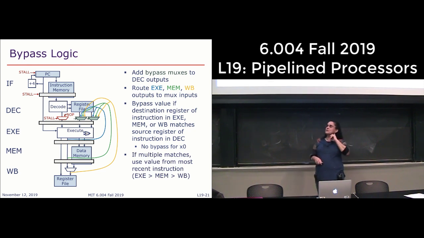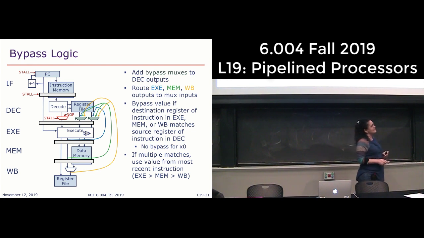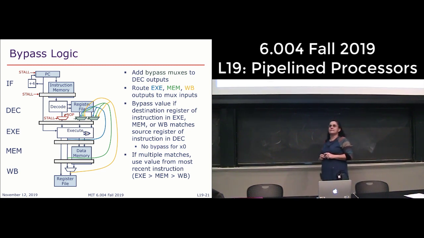And now let's also take a look at what happens if multiple instructions here, let's say my decode is trying to read X11 and both my execute and my write back are going to be writing to X11. Which version of X11 do I want? So let's actually write an instruction sequence just to make sure we're all on the same page.